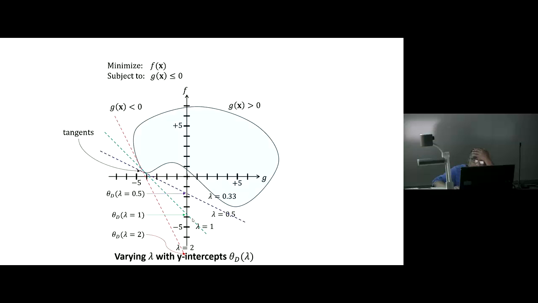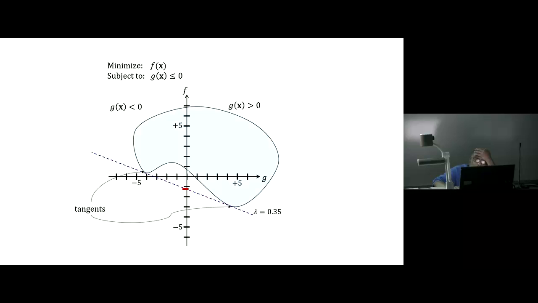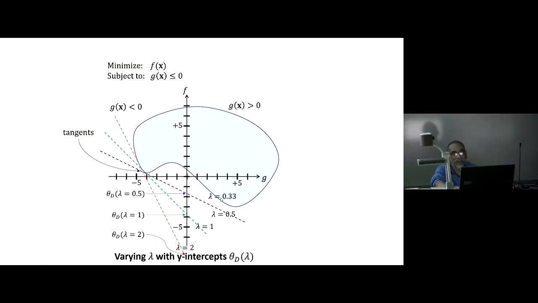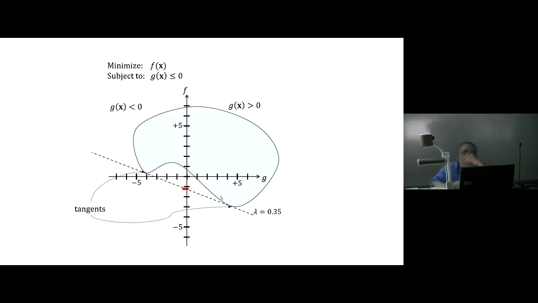Then lambda equals 0.33, and this is corresponding to lambda equals 0.35. Note that this straight line with slope negative lambda is tangential at both these points.